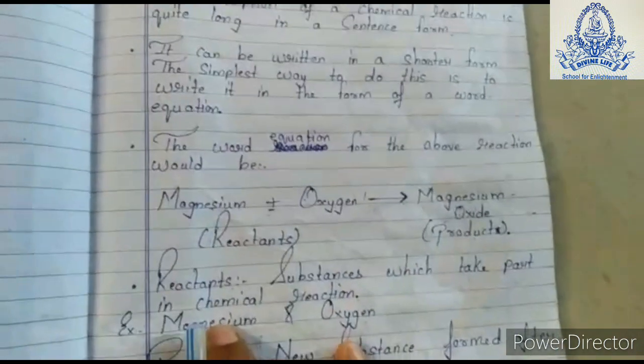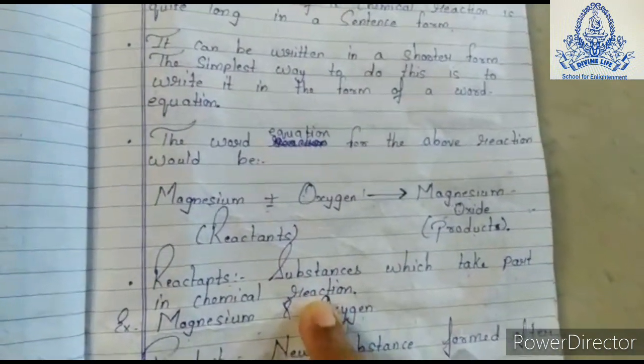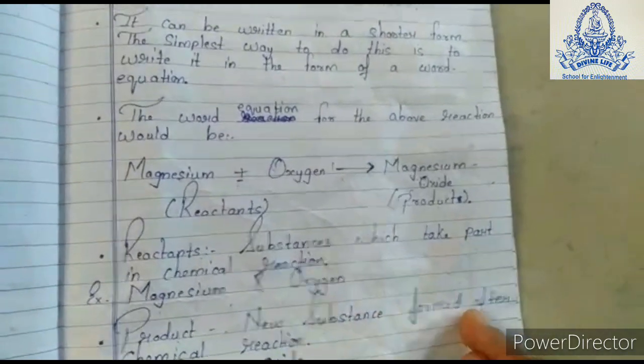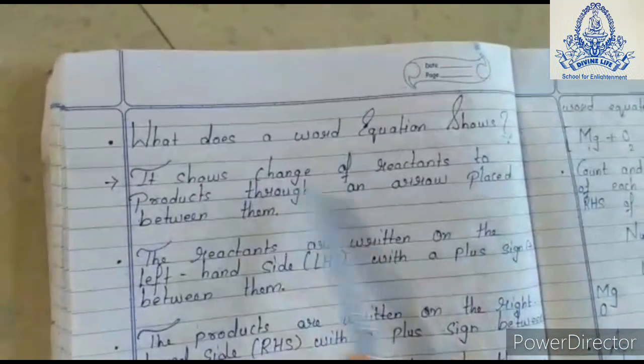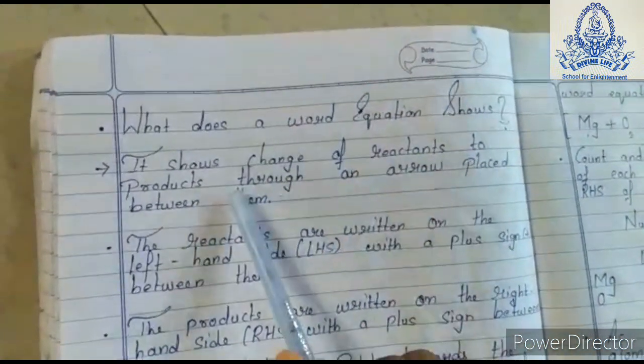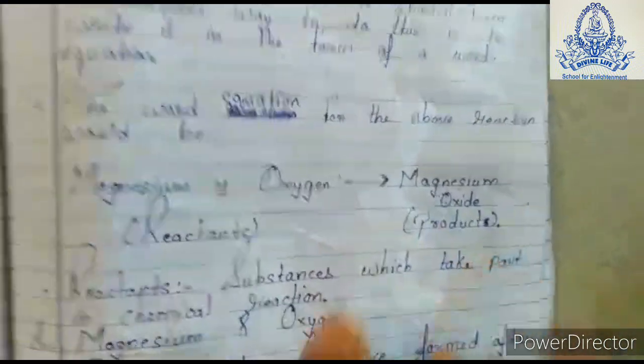What do you mean by the reactants? Substances which take part in chemical reaction. What do you mean by the product? New substance formed after the chemical reaction. Now what does the word equation show? It shows change of reactants to the product through an arrow placed between them. See, this is the arrow which is placed between them.